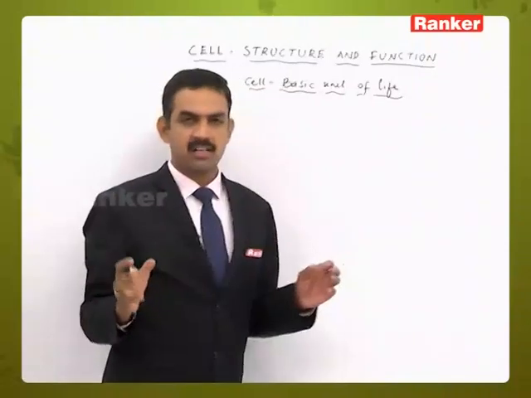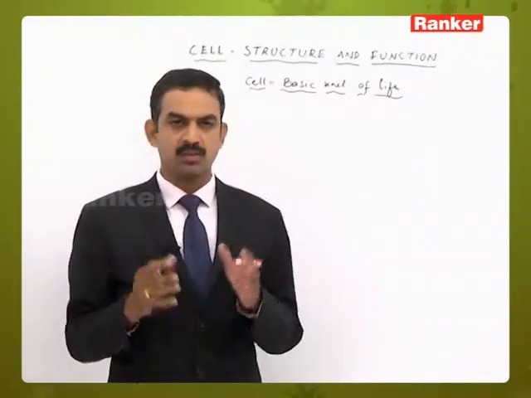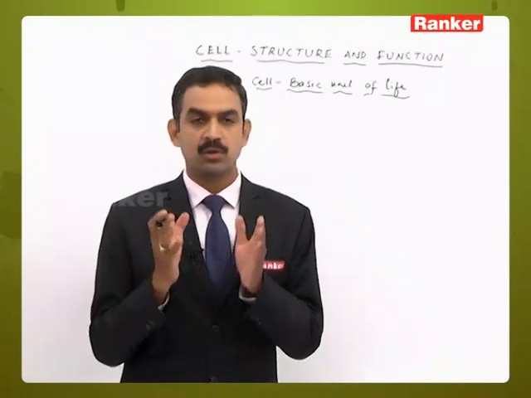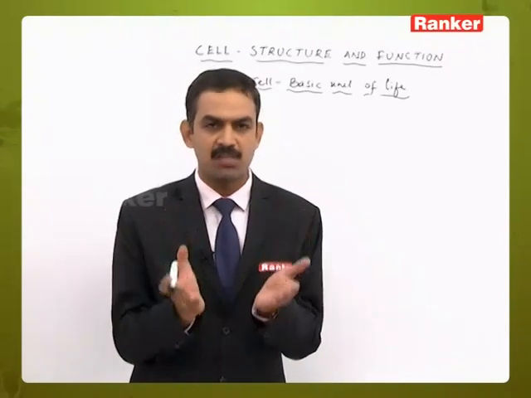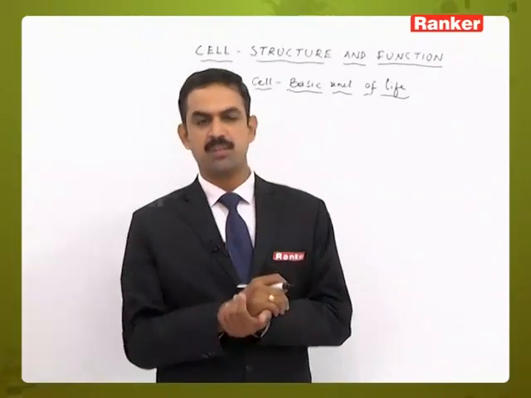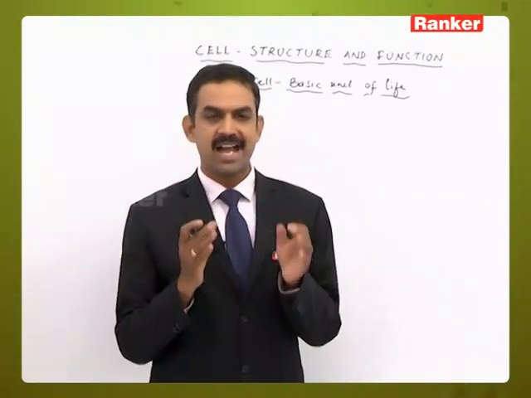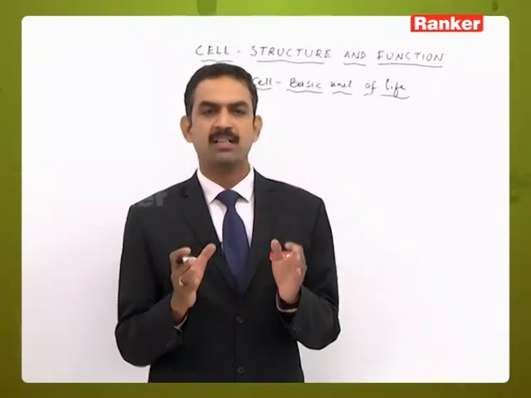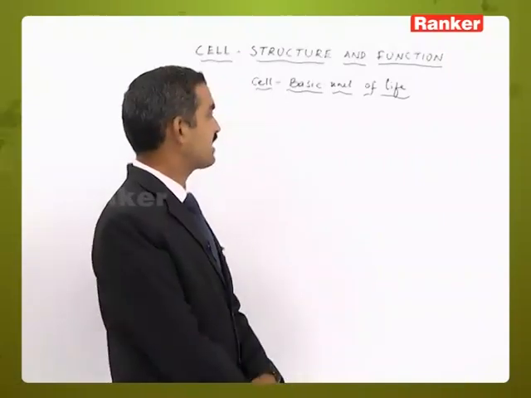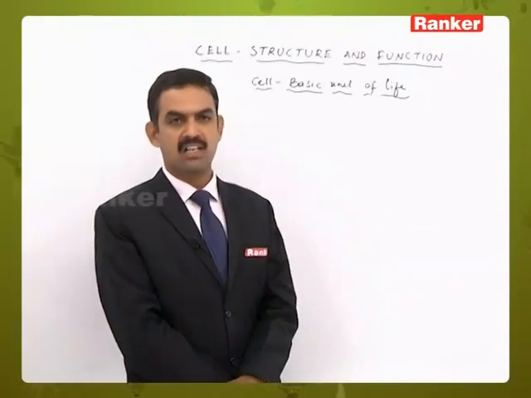Consider a living organism that is performing so and so functions. The basic units of that living organism performing those functions are cells. Each and every cell is performing a particular specific function. That's why we call the cell the basic unit of life.